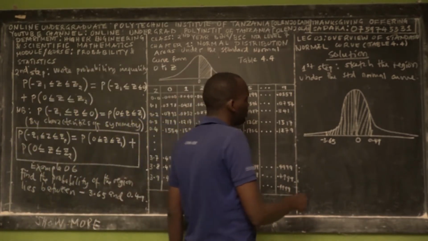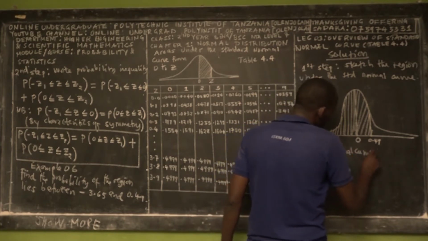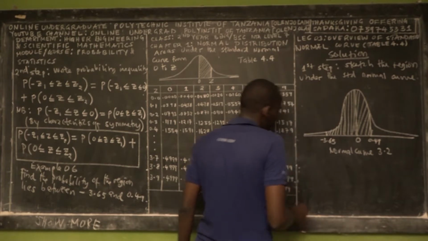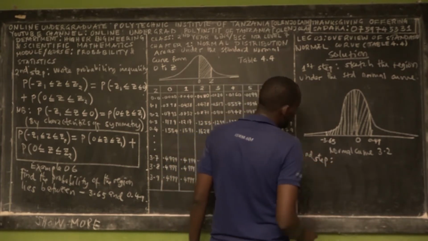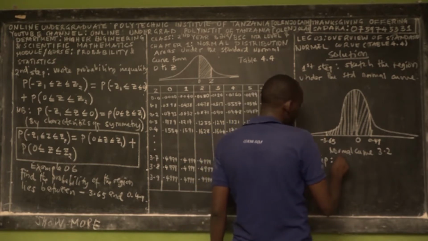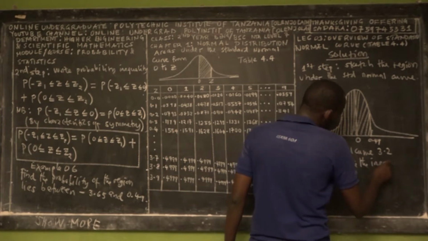So this we call the normal curve. We go for the second step. Second step, we say that write the inequality.